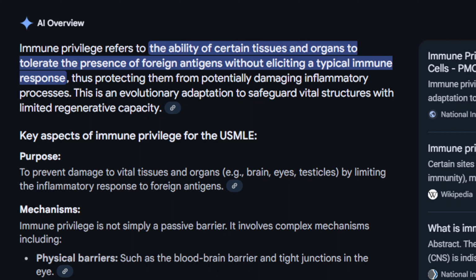Immune privilege refers to the ability of certain tissues and organs to tolerate the presence of a foreign antigen without eliciting a typical immune response, protecting them from potentially damaging inflammatory processes.